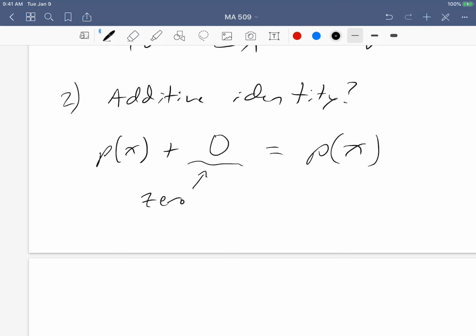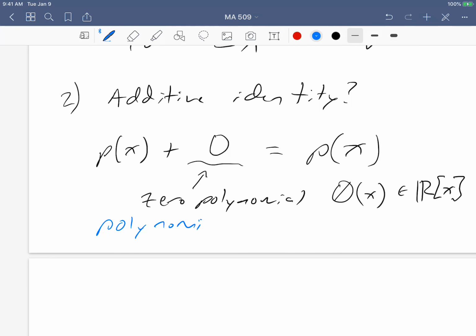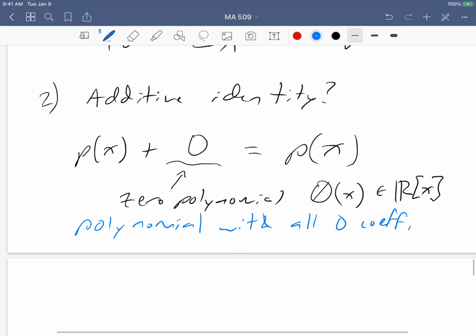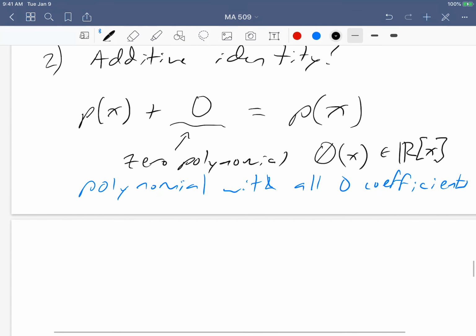This is the 0 polynomial. And so you might want to think about it as not just the number 0, but maybe we can write it as 0 of x. It's a polynomial, but it's a polynomial with all 0 coefficients. Okay, so the 0 polynomial is our additive identity.